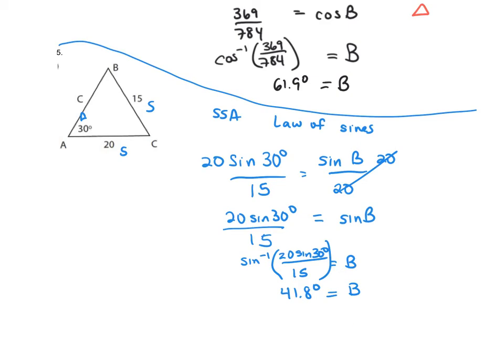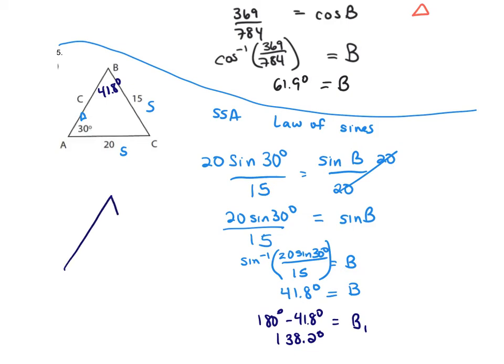Now, the way to check for a second one, we'll call it B1, is let's take 180 minus 41.8, and I'll get 138.2. So if I look at B, I could definitely put 41.8 in there, because 41.8 plus the existing 30-degree angle is less than 180.